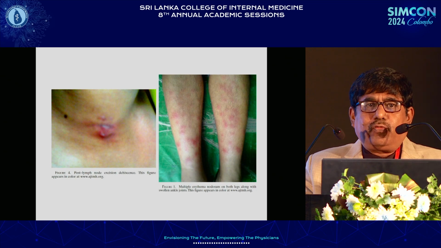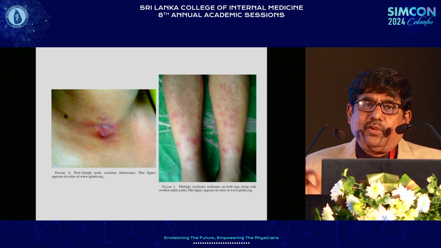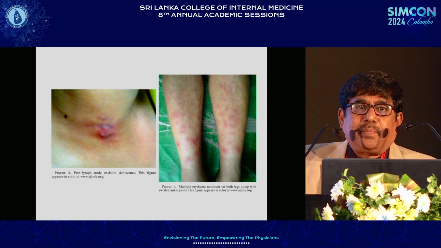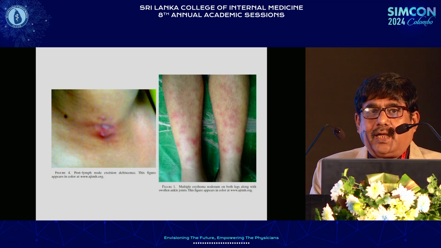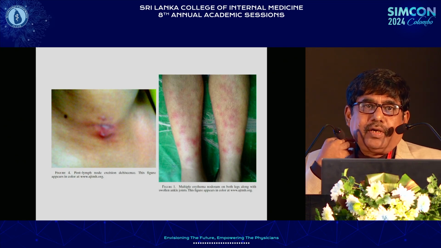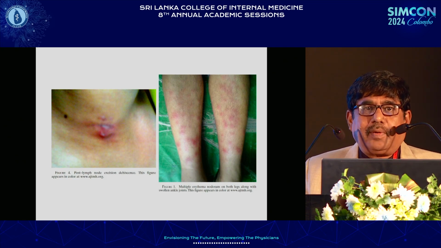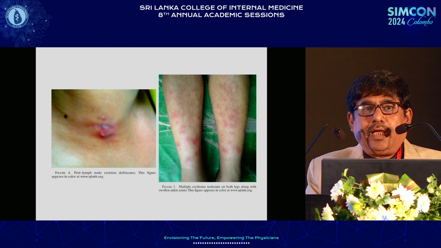But if you do a very good clinical examination, you may get a clue in some other places. You may get some lymph node in the mediastinum or in the neck or axilla or some other region, or may get some evidence of tuberculosis.